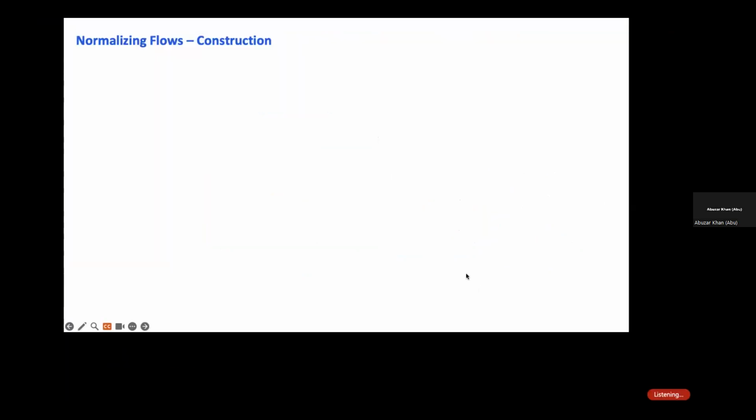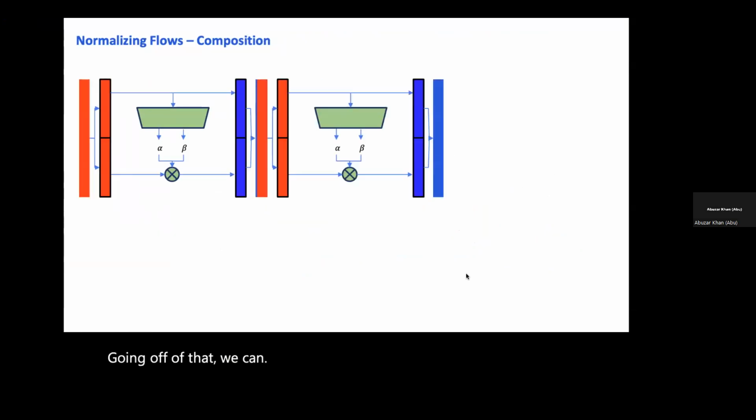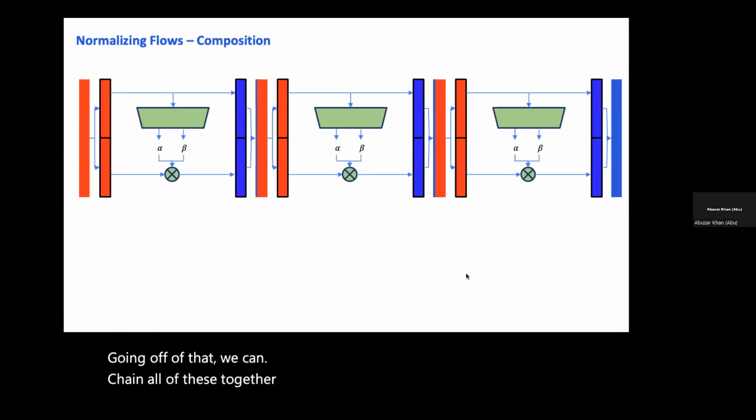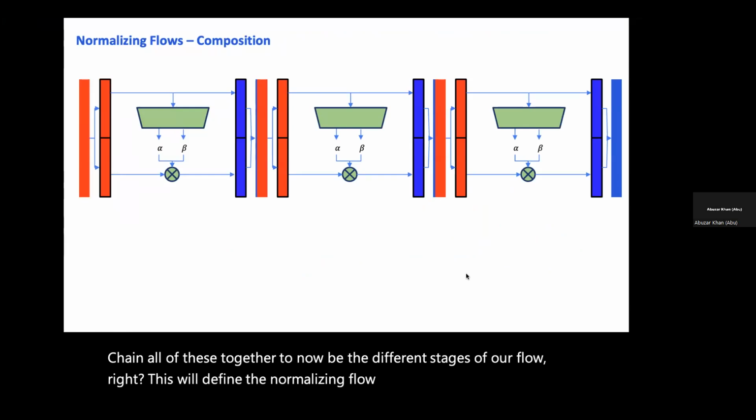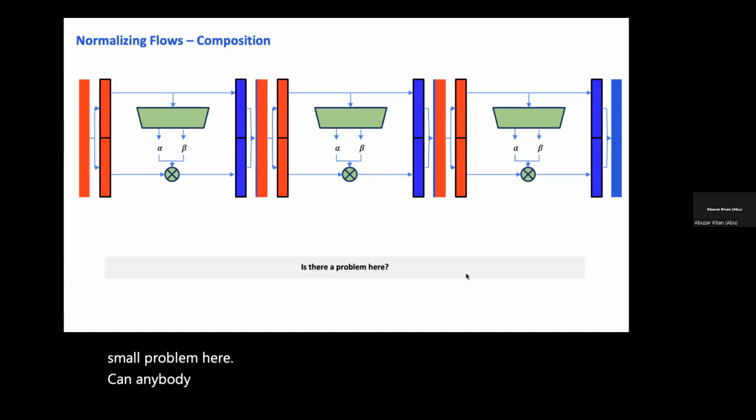Now, going off of that, we can chain all of these together to be the different stages of our flow, right? This will define the normalizing flow. This is wonderful, but there is a small problem here. Can anybody spot a problem with this flow?